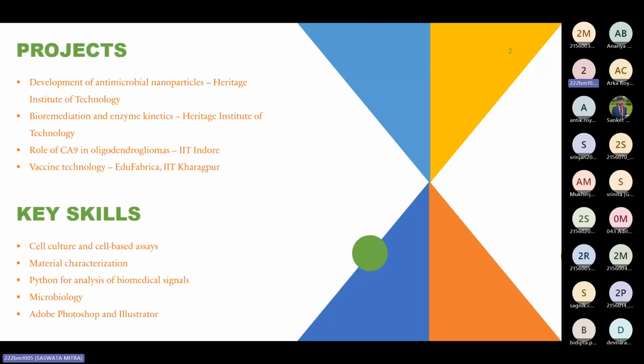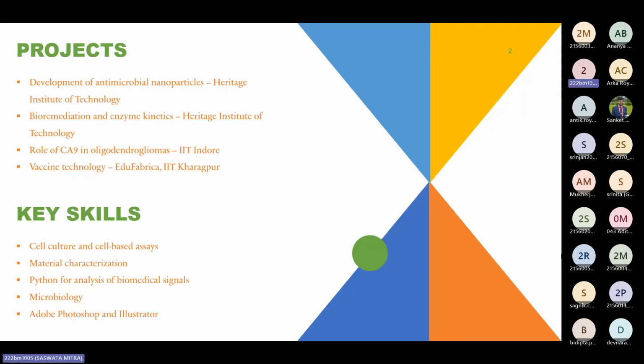The key skills that I learned during all of these years: recently I have learned cell culture and a lot of cell-based assays. I think it is key to pursue good research. You need to have a very good idea about cell culture. Material characterization is important to my work, particularly since I'm working with biomaterials.